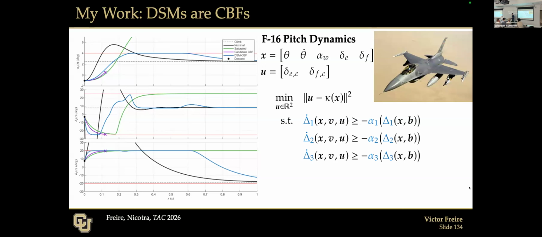So any legacy controller that you already have for your system, if it's safe, this won't do anything for it. It just returns kappa of x. If your legacy controller is safe itself, and you have a well-designed CBF, this filter will just let it pass through. Otherwise, it will filter it and give you the safety that you want. Does that answer you?